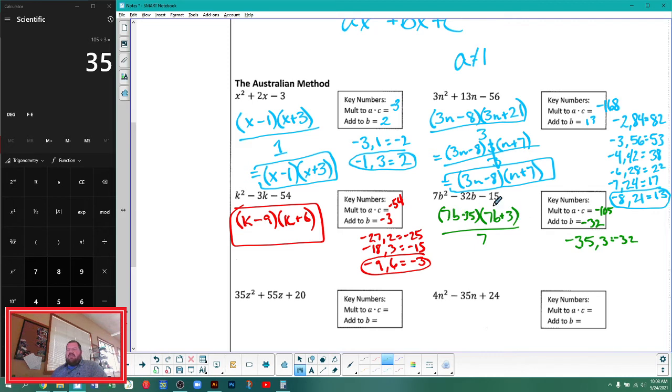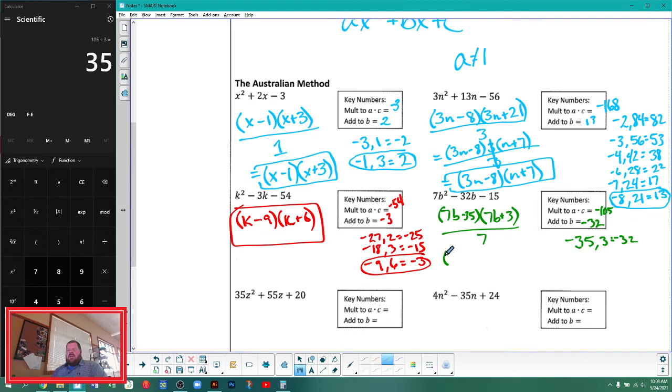It doesn't matter whether you put the plus 3 there and the negative 35 there. That part doesn't really matter. You can choose which one to put where. Now I'm looking for common factors. I notice that in this one, 7 and 35 are both multiples of 7. 7 and 3 don't have any common factors in the second one.